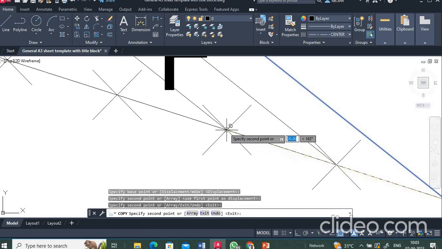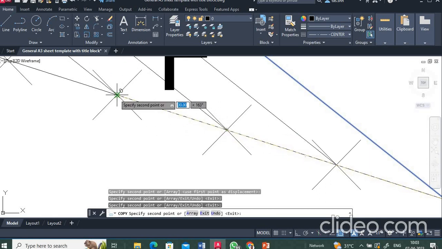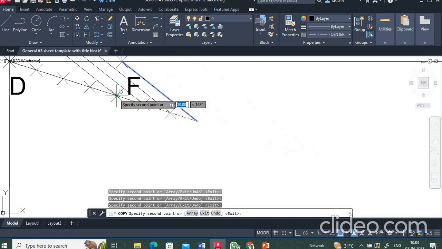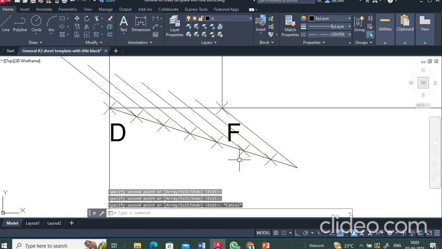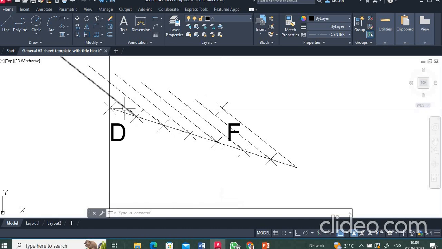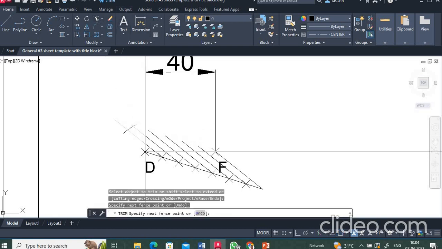From all these points, we have to draw parallel lines to that line. This is what we have to do when drawing on paper. Okay. So now these are the 7 points, 7 equal divisions. In the main 40 mm line, we can see that it is divided into 7 equal divisions. We can trim whatever lines we don't want.